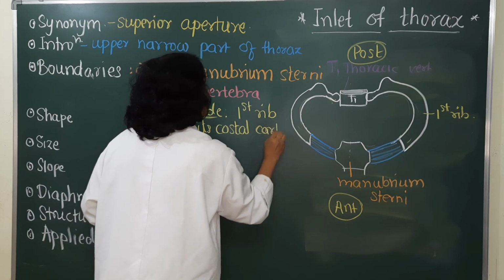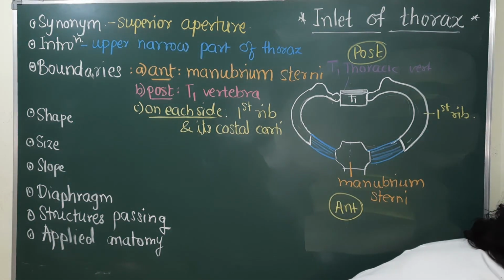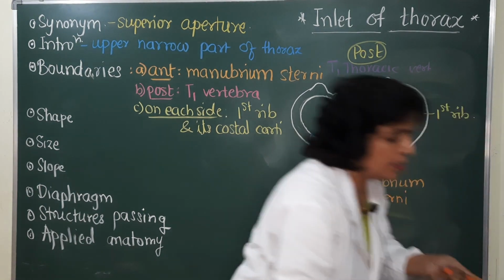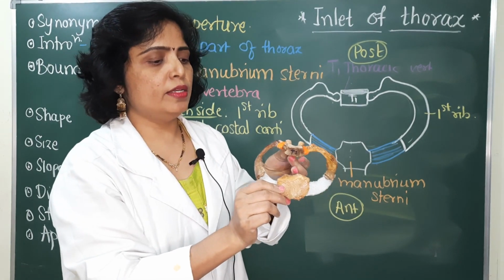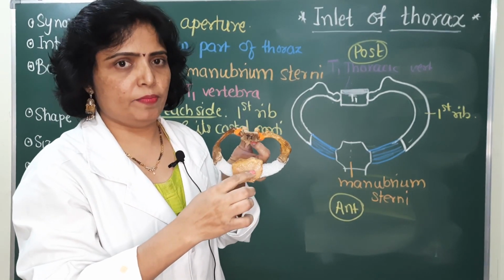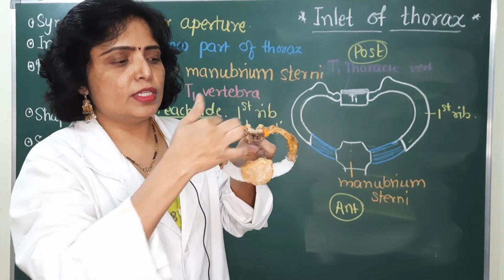For this I have a model to show you. In this picture you can see this is the manubrium. I have taken the full part of the sternum here because our focus is only on the inlet.